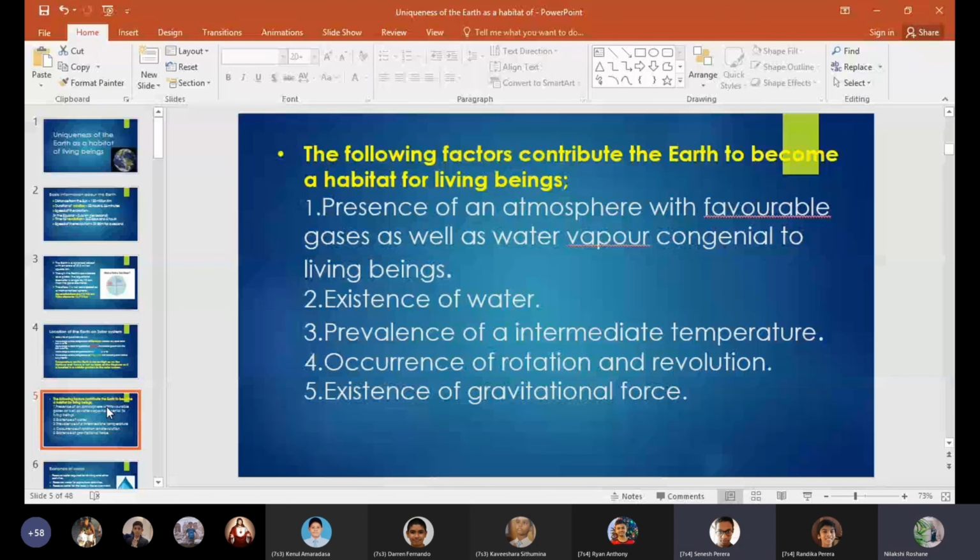Yes, that's a layer. What are the gases available in the atmosphere? Oxygen, nitrogen, carbon dioxide, hydrogen, helium. Yes. So in the atmosphere there are many favorable gases as well as water vapor, and water vapor is congenial to living beings.